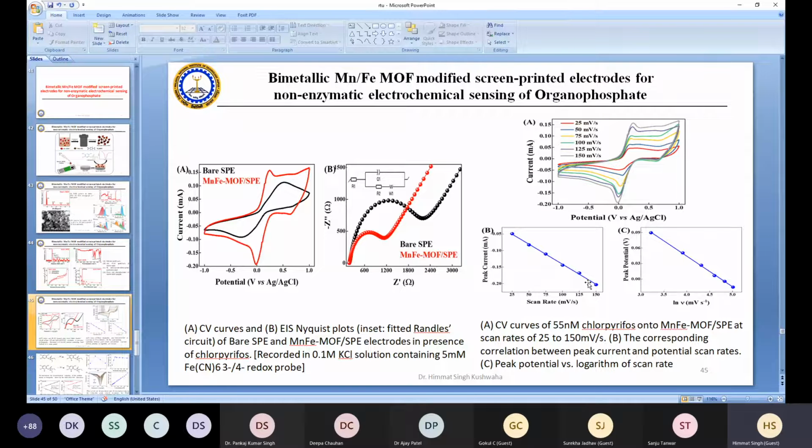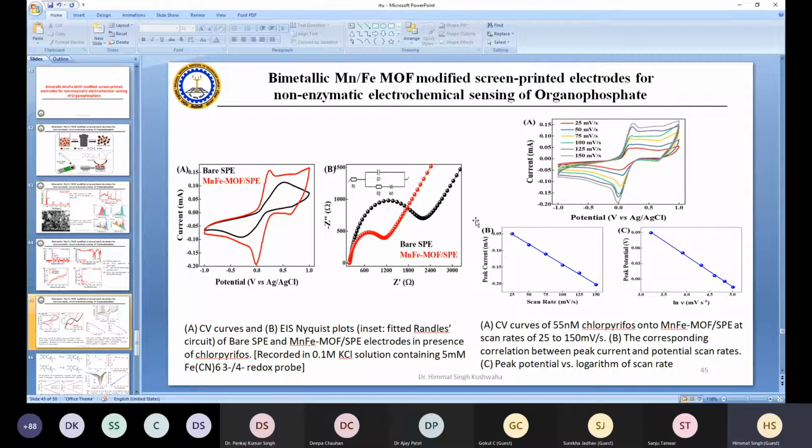To analyze the sensing application of the developed bimetallic metal organic framework, the screen printed electrodes were modified by drop casting. In the cyclic voltammetry curve you can see a significant increase in the current response after modification, with significant oxidation and reduction peaks.